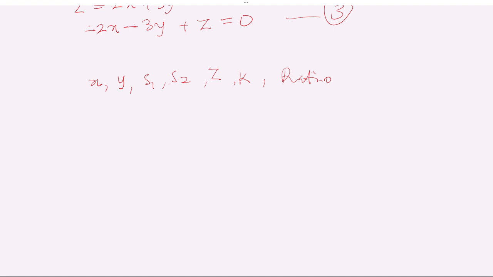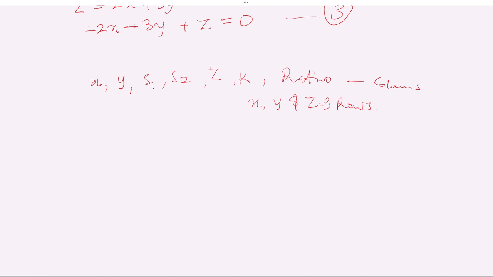Since we have x, y, and z, we have three rows, and these will be the columns.